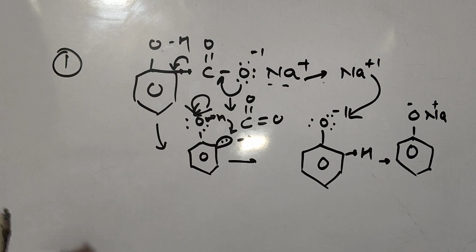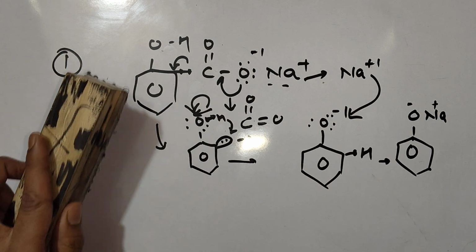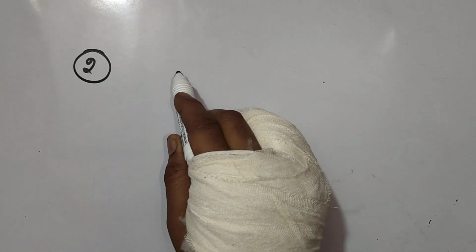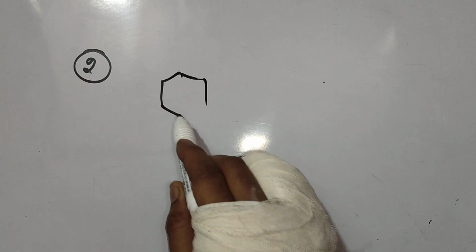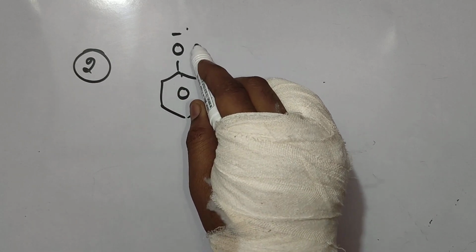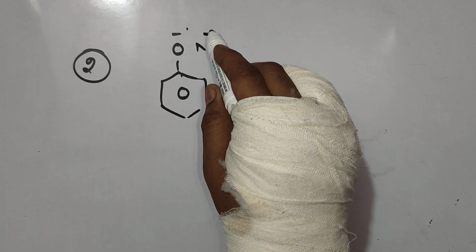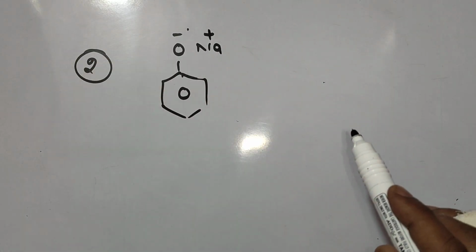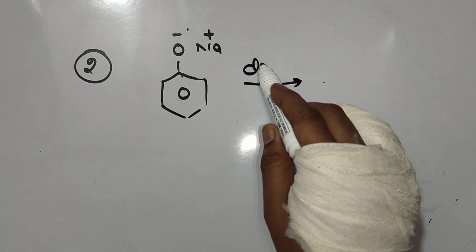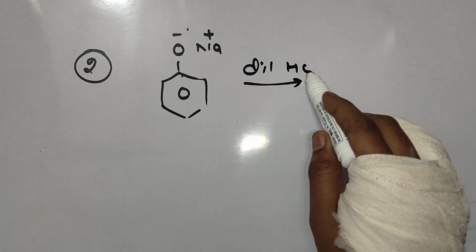Now in the second step, a very easy reaction is happening. Let's understand. This was the first step. Nothing too much to understand in the second step. Sodium phenoxide, which is generated over here, in sodium phenoxide, oxygen is carrying -1 charge and sodium is carrying positive charge, and we are reacting it with dilute HCl.